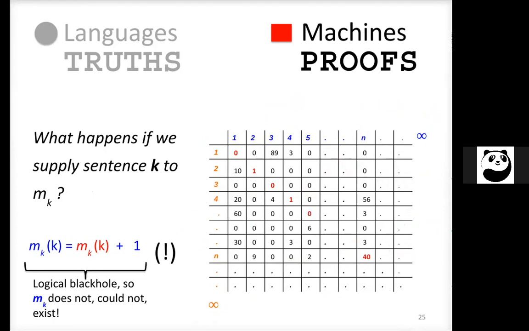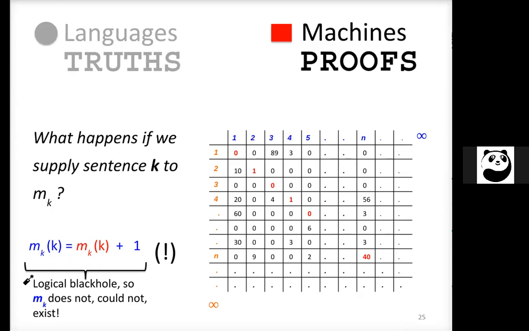Like, this table exists. Every possible dot here is computable, decidable, basically. We started from that assumption. So now when we arrived at this logical black hole, it means that our initial assumption must have been false. Machine K could not have existed.